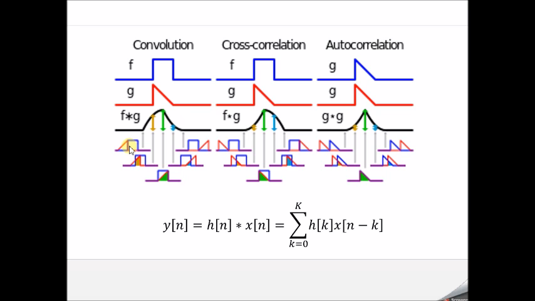And by shifting the two signals with respect to each other and taking the dot product at each point, this is in essence convolution, and it's expressed by the formula down at the bottom here.